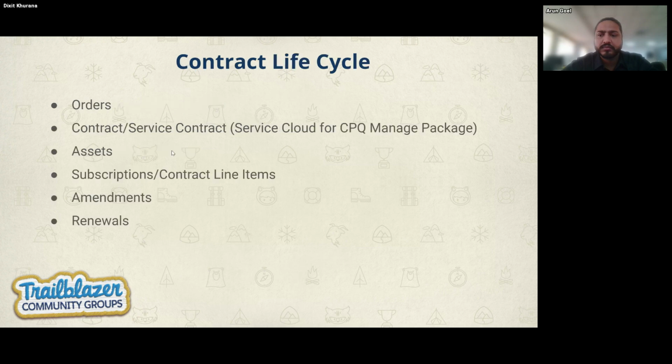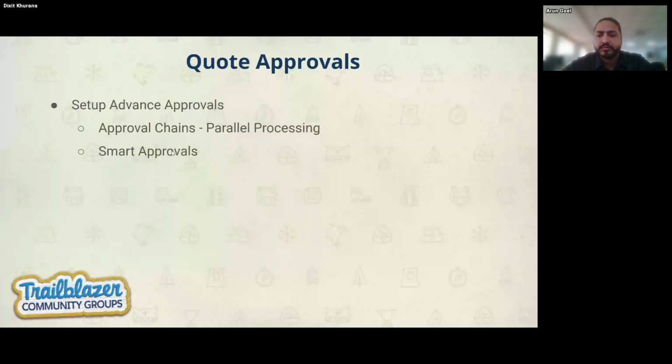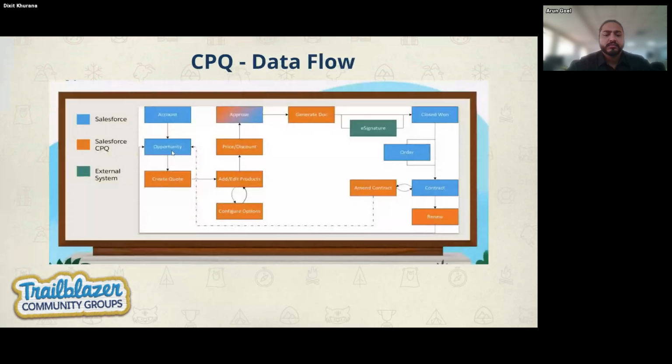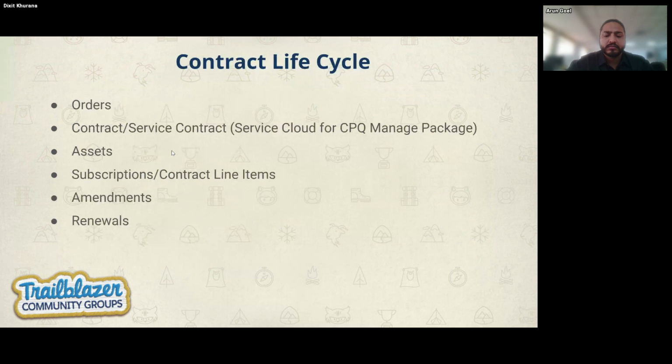Now as soon as your quotation is ready, if I go back to this diagram, you will see you have the quotation approved and that document is ready. Once your opportunity is closed won, you will see either a contract or an order in the system. Order is a standard object, contract is also a standard object.